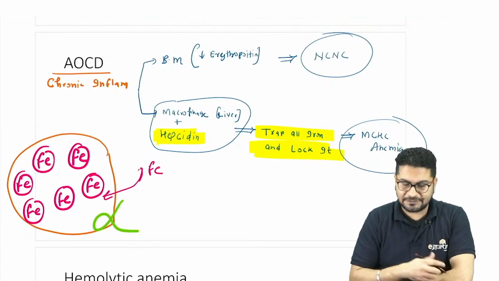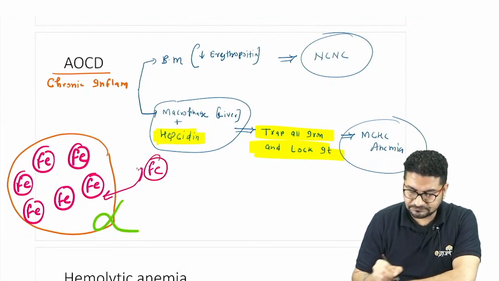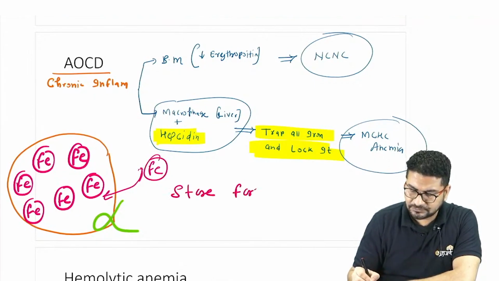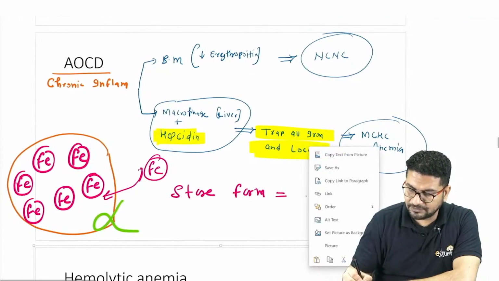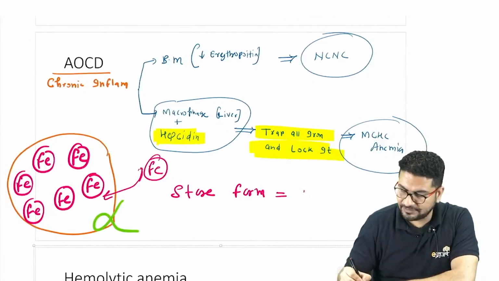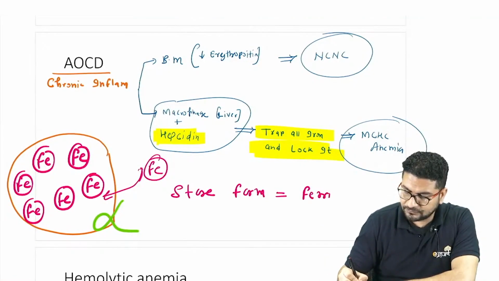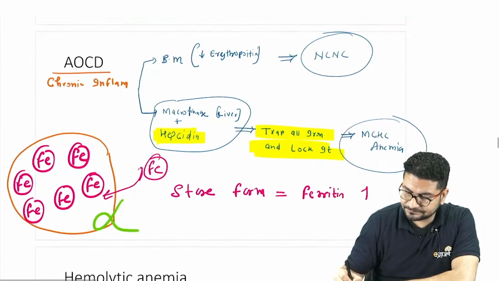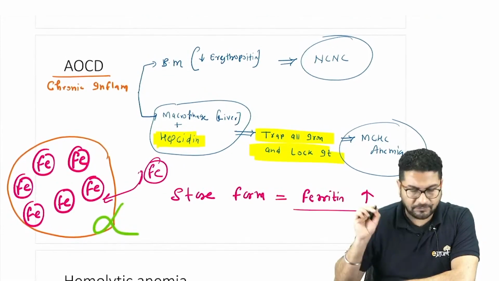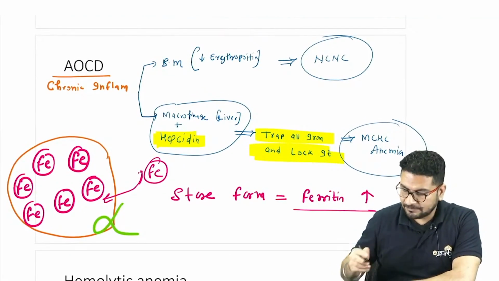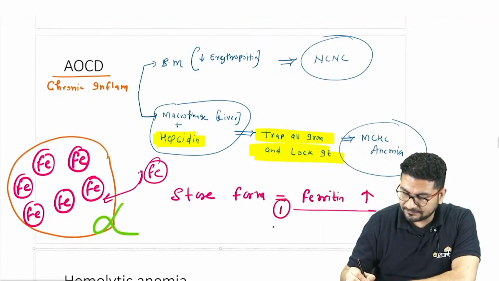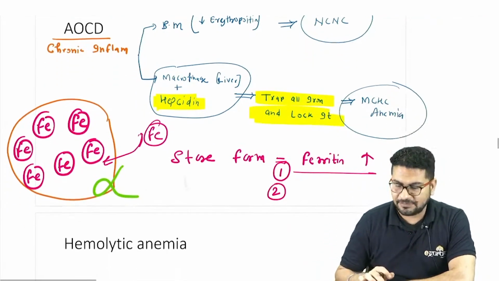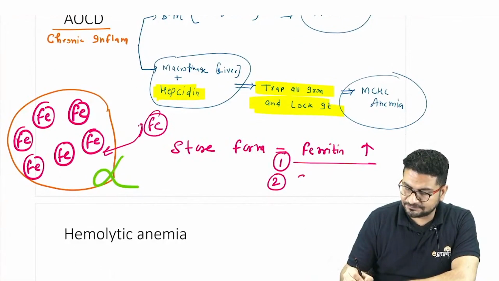The store form will increase. What is the store form? Ferritin. So ferritin will increase, but we cannot utilize that iron, meaning transporting it as serum iron.